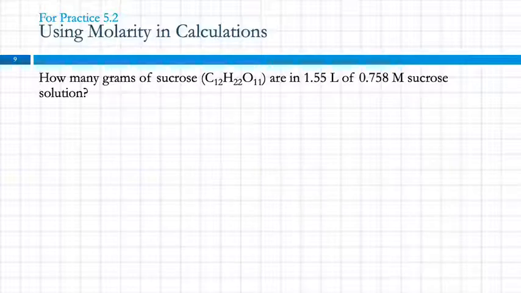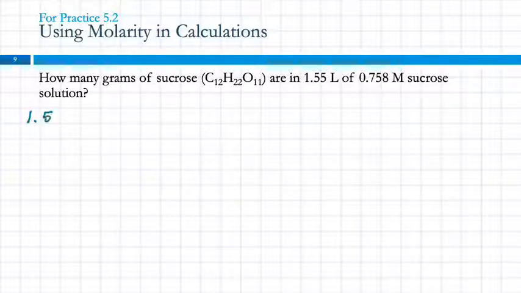So how many grams of sucrose are in 1.55 liters of 0.758 molar sucrose solution? This is coming down to dimensional analysis again. Over and over and over again. So we're going to pull the numbers out and write them down and then try to make sense of them.